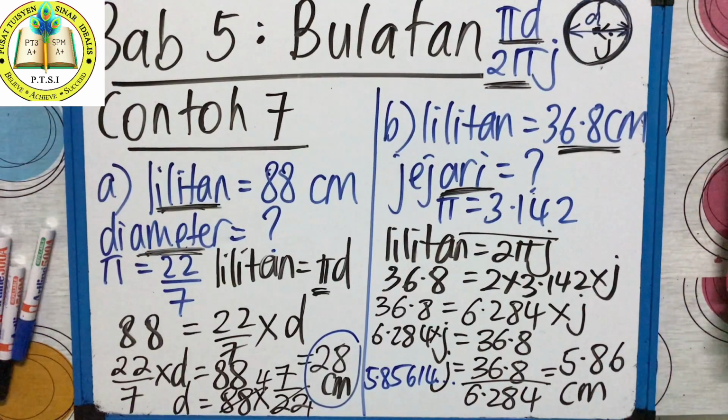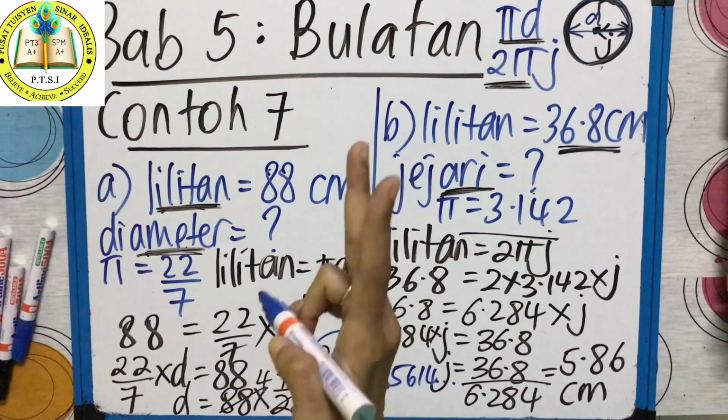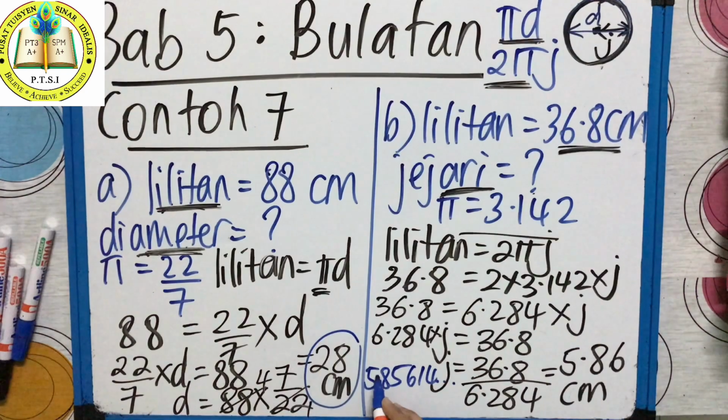Tapi soalan minta dua tempat perpuluhan, two decimal place. So after point, two number round off. Belakang 6 tambah 1. So you get 5. Okay, teacher write here. Get 5.86. That is this answer, 5.86 cm. So baca soalan dengan teliti.